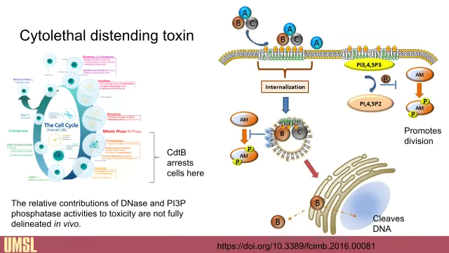Whereas what this B unit does in the cytoplasm is dephosphorylate these triphosphatidylinositol lipids, and essentially interrupts this normal signaling event so that AKT never gets phosphorylated, and cell division is no longer promoted.